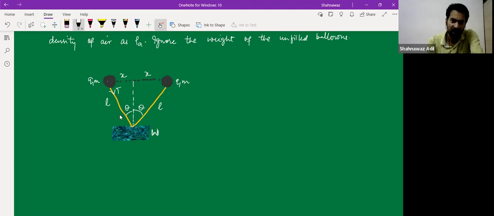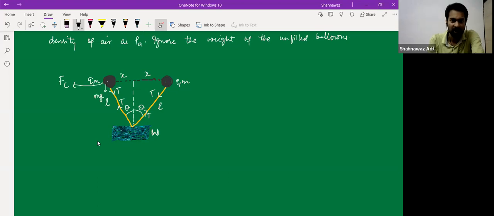And due to the weight, the tension is in this direction. Similarly, due to this charge, the tension is in this direction. And then you have this Coulombic force in this direction, and then you have this weight in this direction.